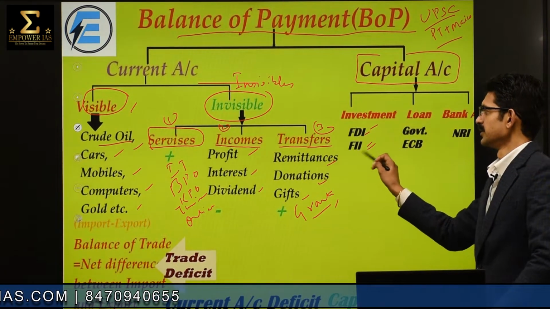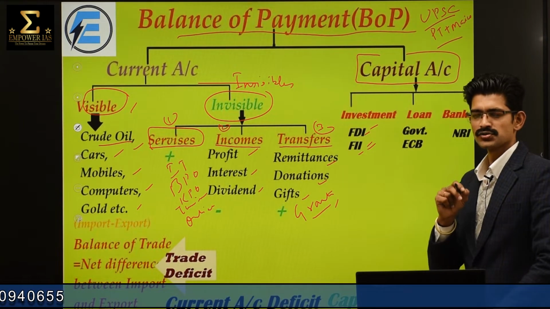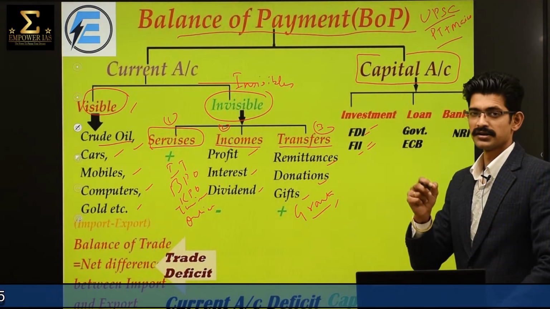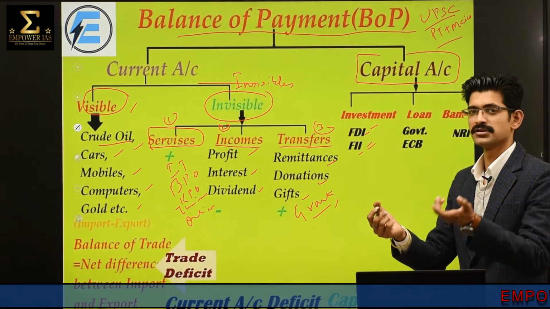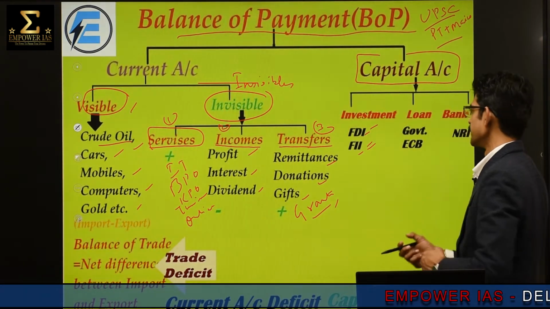Again FII, that is foreign institutional investment. It means that the institutional investors are taking the shares in the market, and they are investing lots in terms of pumping the money as well as liquidity.